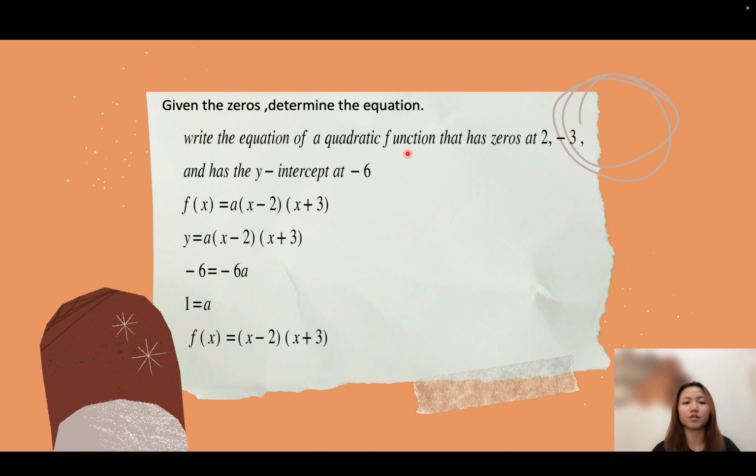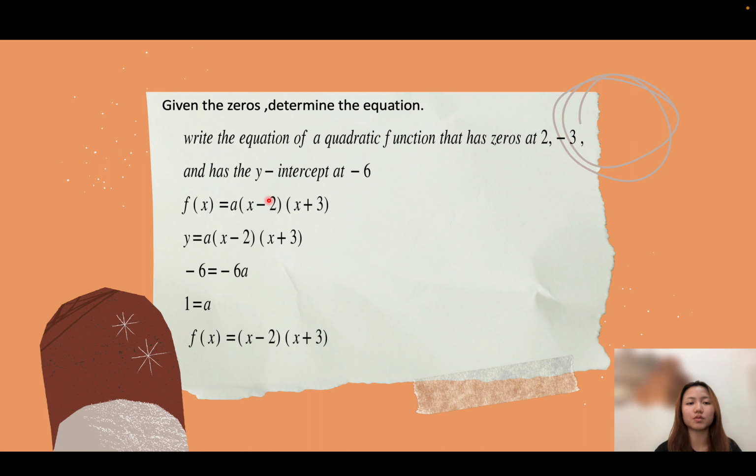Write the equation of a quadratic function that has zeros at 2 and -3, and has the y-intercept at -6. It means if they say y-intercept at -6, y is equal to -6. And then you just put inside as many zeros as they have. They have 2 zeros, 2 and -3.